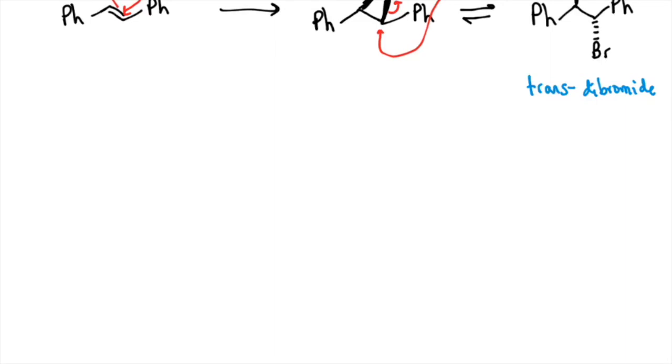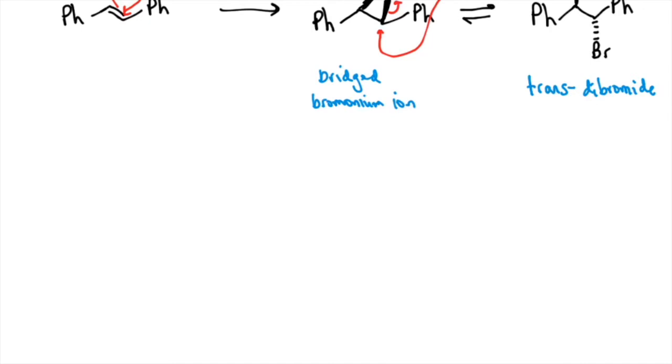So you might see this known as a bridged bromonium ion. There's actually equal bond formation between both carbon atoms and that bromine. Even though we have to draw this set of arrows that kind of looks like the first carbon is making a bond to the bromine, the reaction is really concerted. All of these bonds are forming and breaking at the same time.